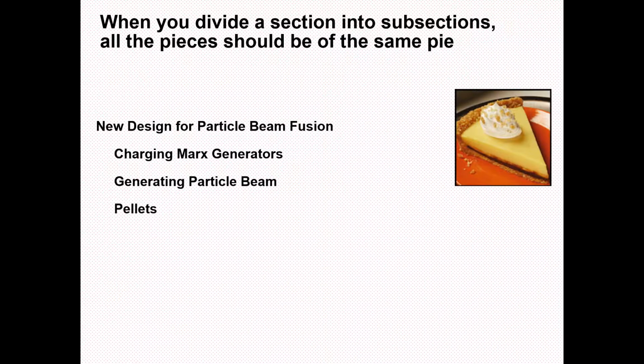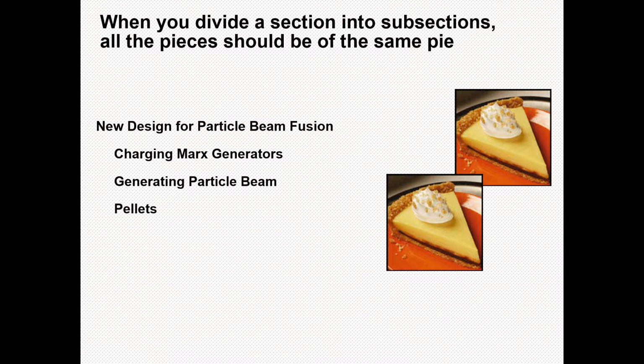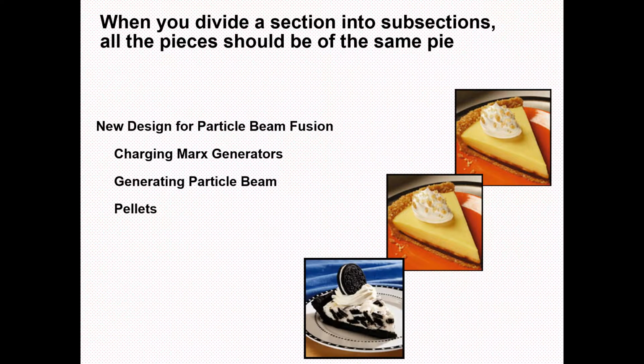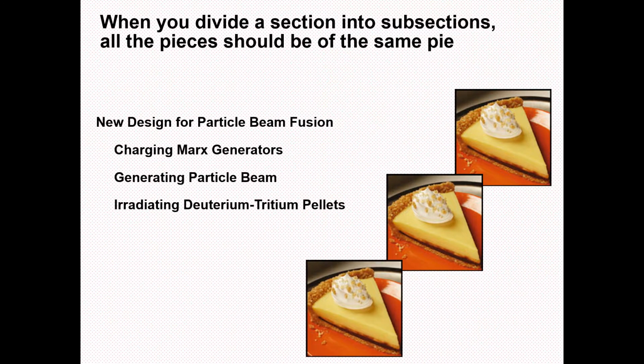Then, when you divide a section into subsections, all of them should be of the same type, because of new design for particle beam fusion, charging mass generators, generating particle beam, and pellets. So that's why we should have it like this. You should divide it into equal sections.